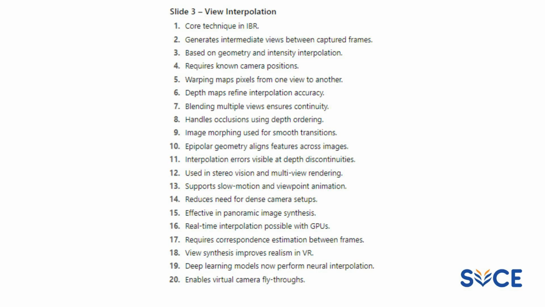This depth data allows the system to warp or reproject the pixels from the original images into a new viewpoint. Finally, by blending the warped images, the system produces a synthetic image that looks as if it were captured from a physical camera placed exactly between the original ones.